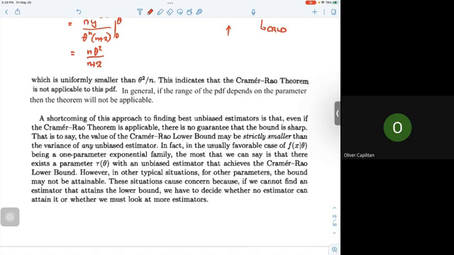If we have an unbiased estimator that attains the Cramer-Rao lower bound, then that is a best unbiased estimator. But if the variance of that unbiased estimator cannot attain the Cramer-Rao lower bound, then we cannot decide whether that estimator is a best unbiased estimator.